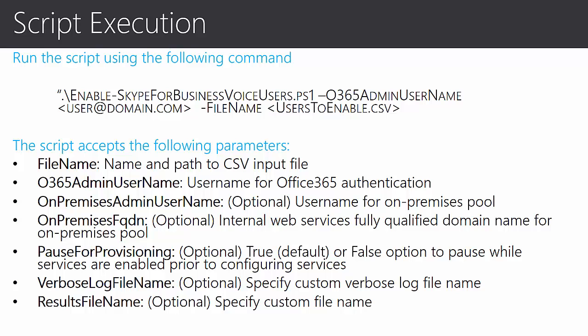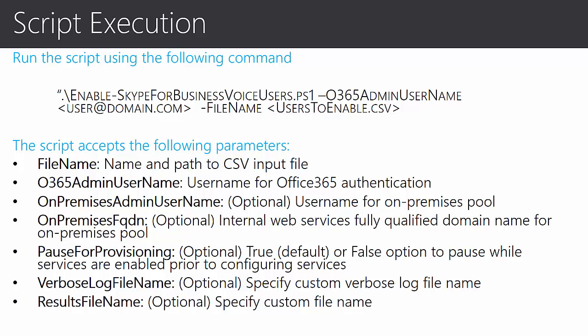This is the account that will be used in order to assign licenses and configure Skype for Business. What you will do is give me that username. After running the script, you will see a credential box pop up in which you're prompted for the password. I don't want to save that password anywhere in the script.